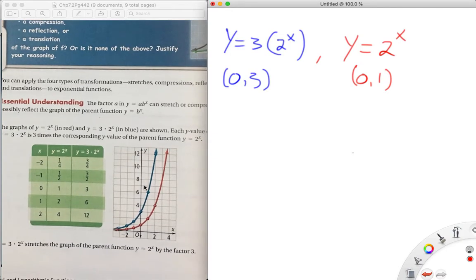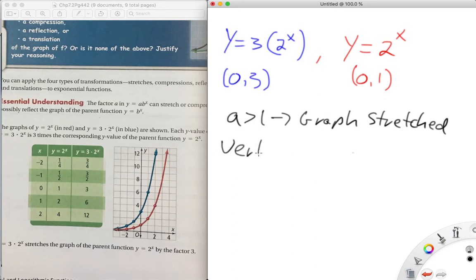Right. So the thing that we note for this, a is 3, right? So the basic rule of thumb is that if a is greater than 1, then your graph gets stretched vertically by a factor of a.